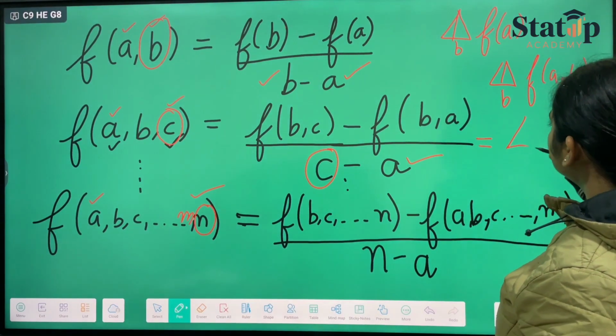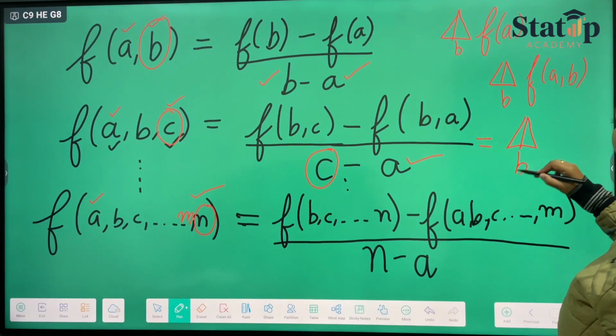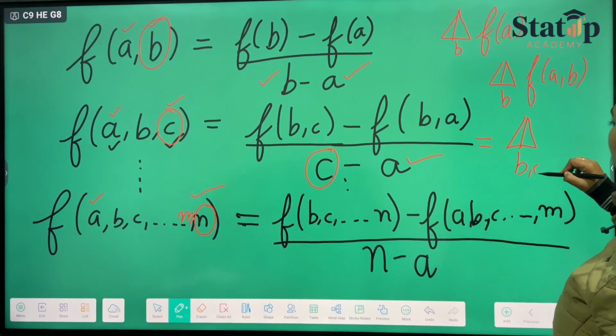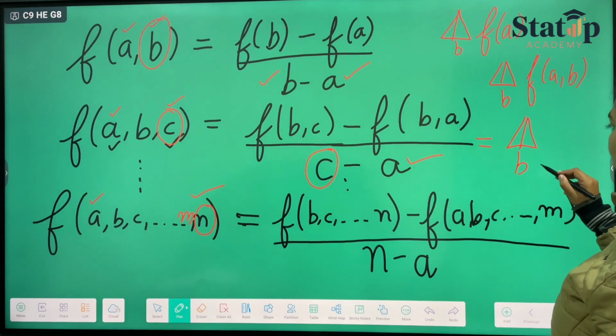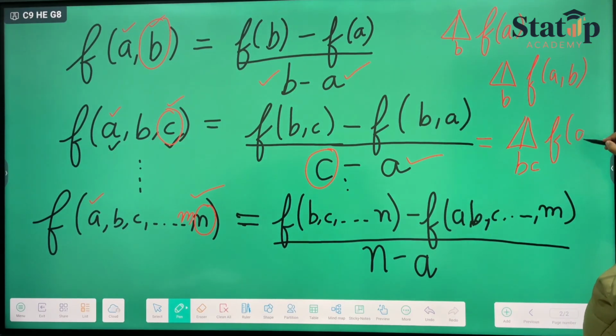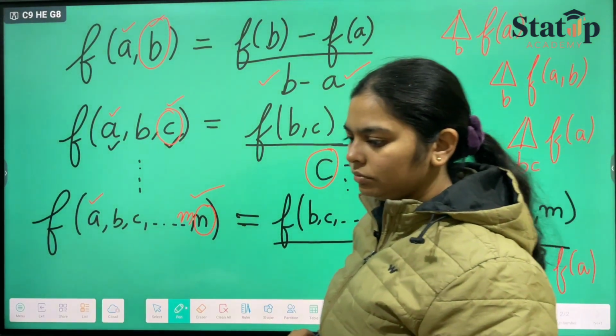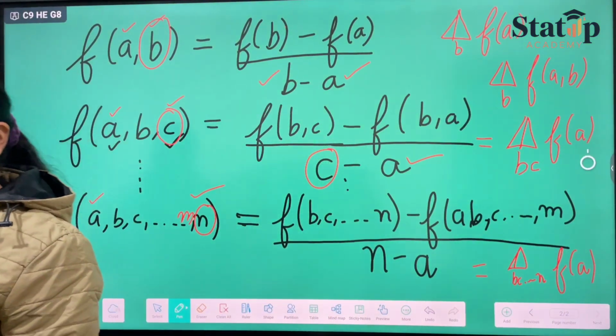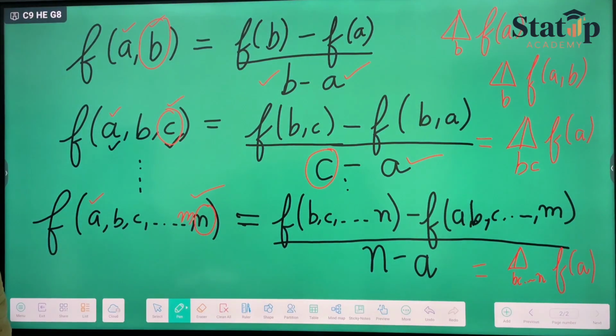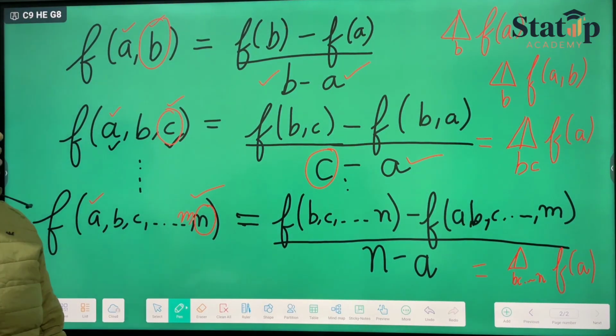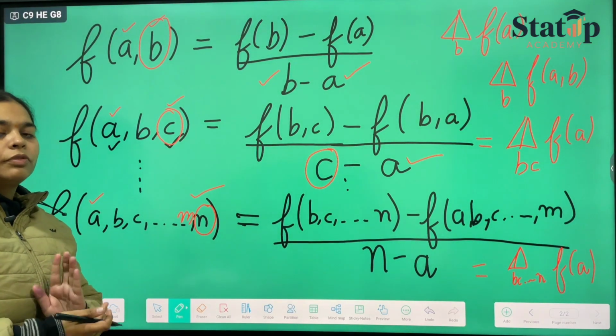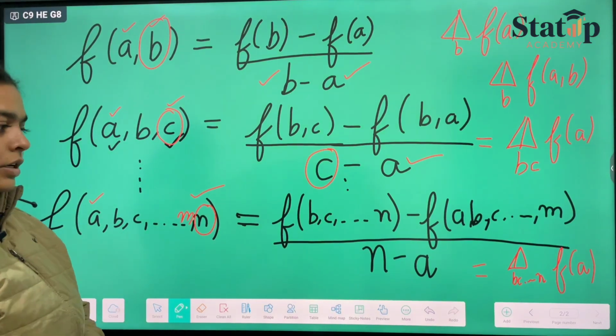This can be written as delta b c f(a), and this can be written as delta b c up till m n f(a). These are also the ways of writing the formula for divided differences. I hope that it is clear how we got the formula for the divided differences.